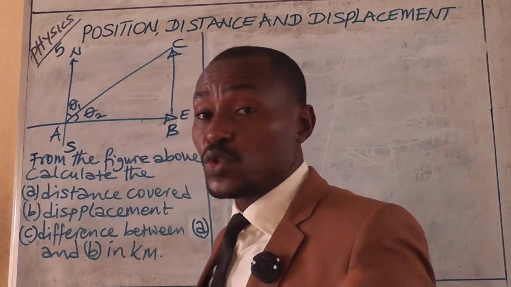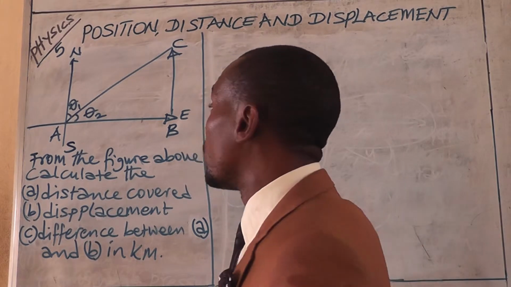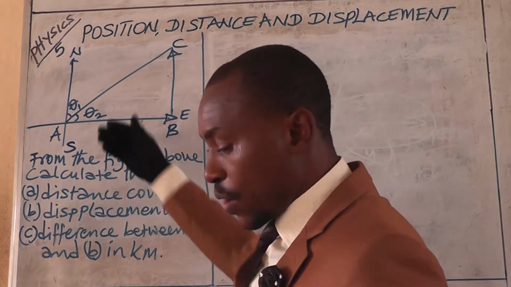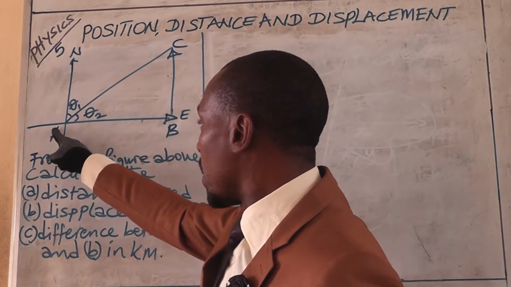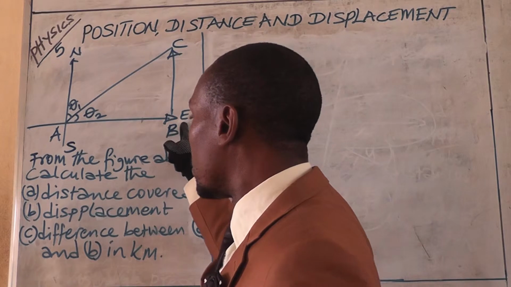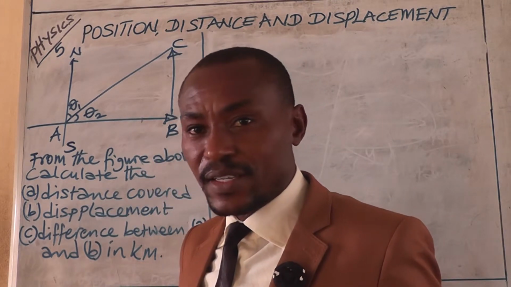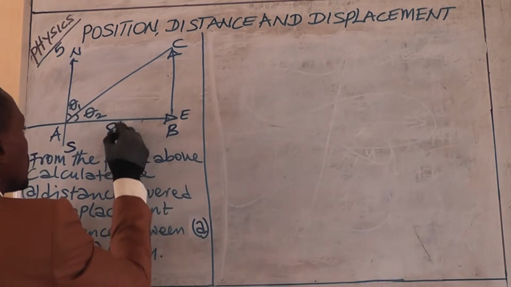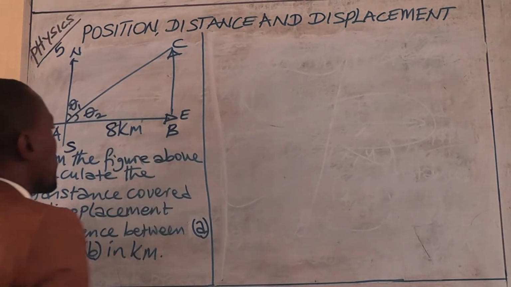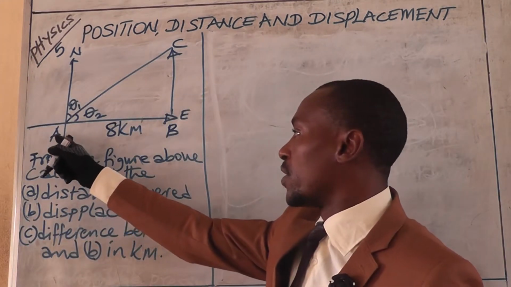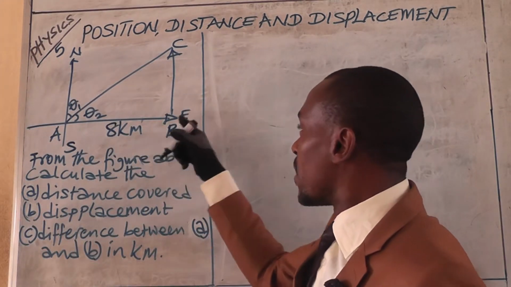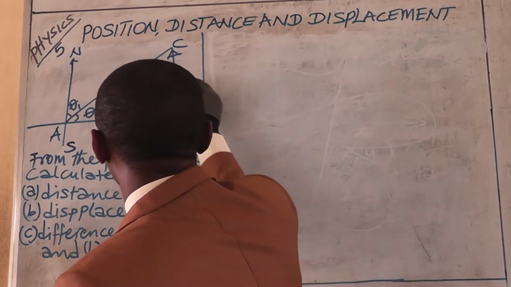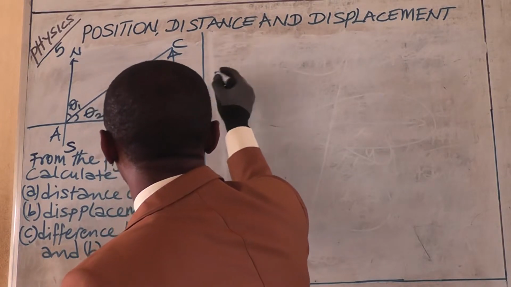Now, in order for you to solve a question very well, you should be able to interpret the question, understand what the question is saying. Like what we have here, an object moved from point A to point B, covering a particular distance. What is that distance that we are using here? We are using 8 kilometers here. Covering a distance from point A to B, 8 kilometers. The body still continues, moving from point B to point C, covering 6 kilometers.